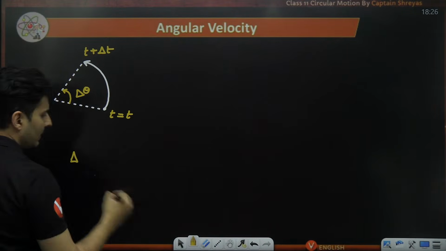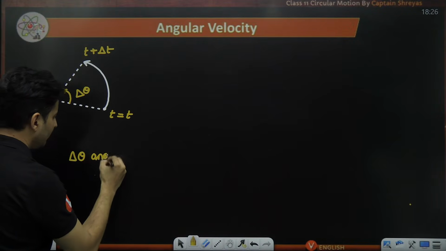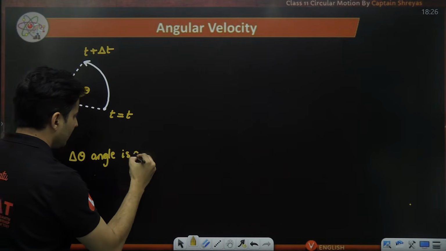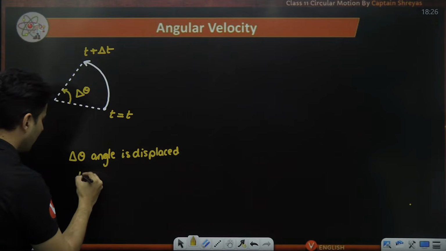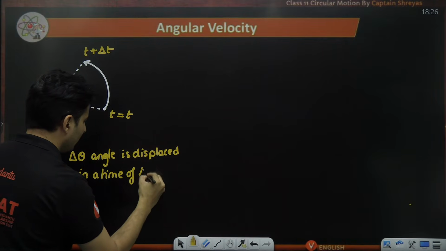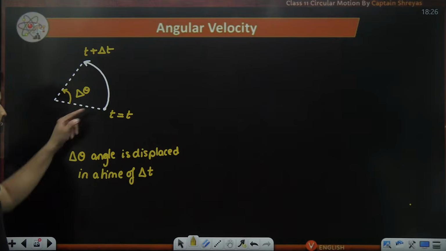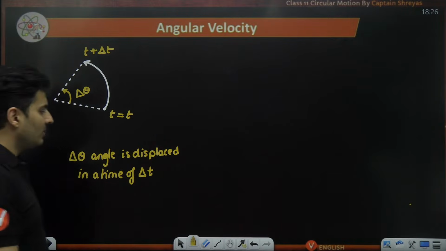So delta theta angle is displaced in a time of delta t. So in a time of delta t, which is the time interval, you have moved this much.